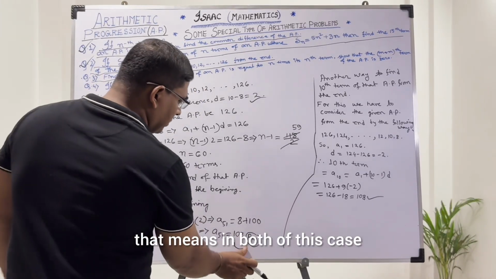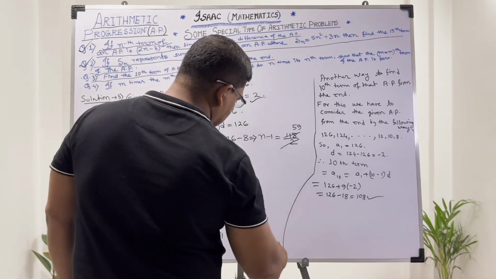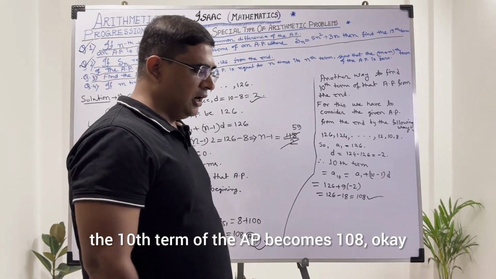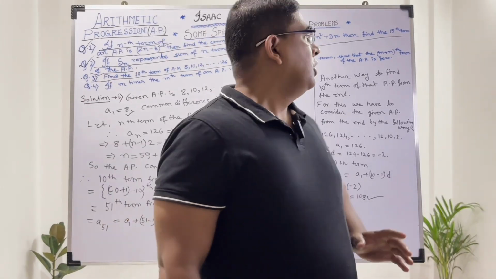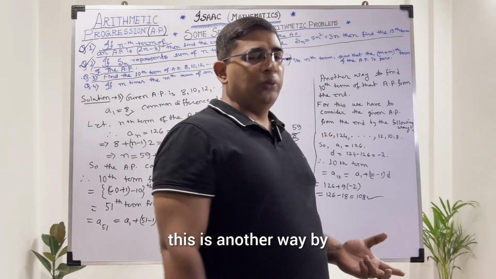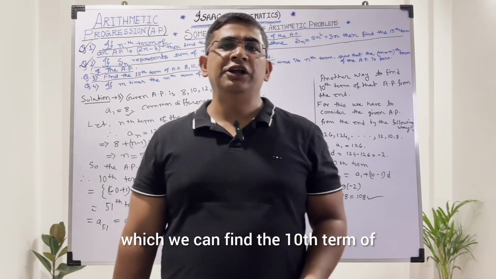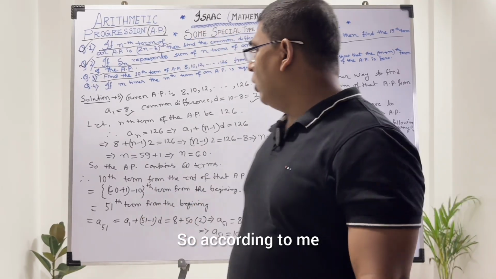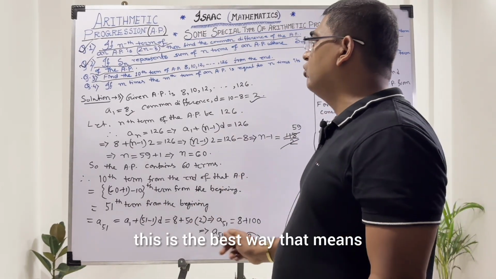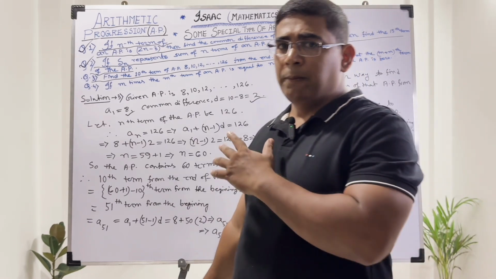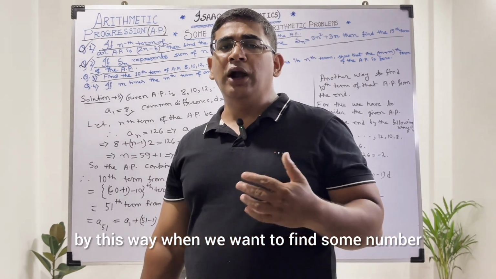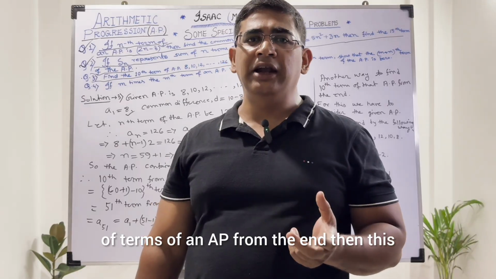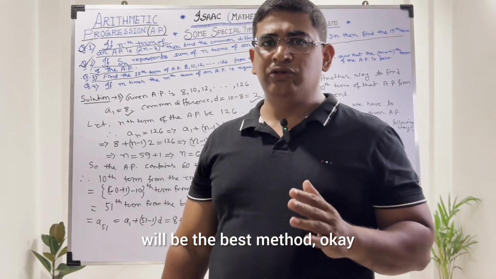That means in both of these cases, the 10th term of the AP becomes 108. Okay. So this is another way by which we can find the 10th term of that AP from the end. According to me, this is the best way. That means when we want to find some number of terms of an AP from the end, then this will be the best method. Okay.